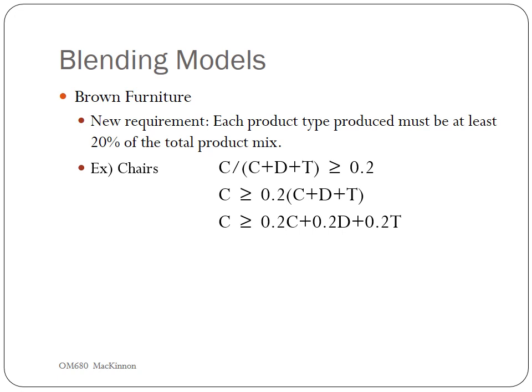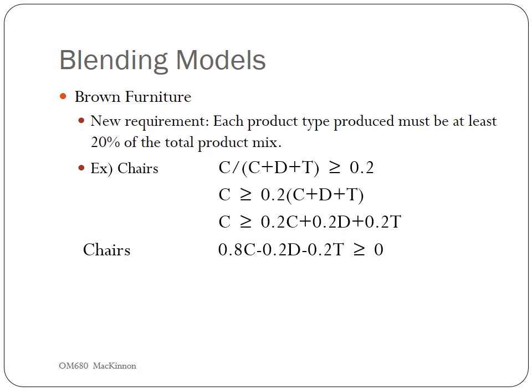So we have C greater than or equal to 0.2C plus 0.2D plus 0.2T. Now, what we want to do is move all of that formula over to the left hand side and just leave a 0 on the right hand side. Because remember, for our model we like to have formulas on the left and parameters on the right.